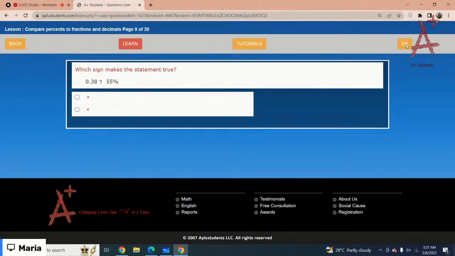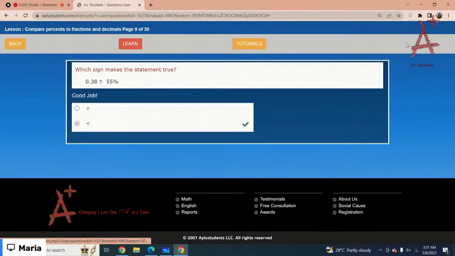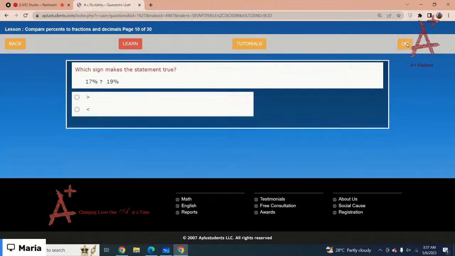Which sign makes the statement true? 38% is less than 55%. So the correct option is less. Yes, 75% is less than 19%.